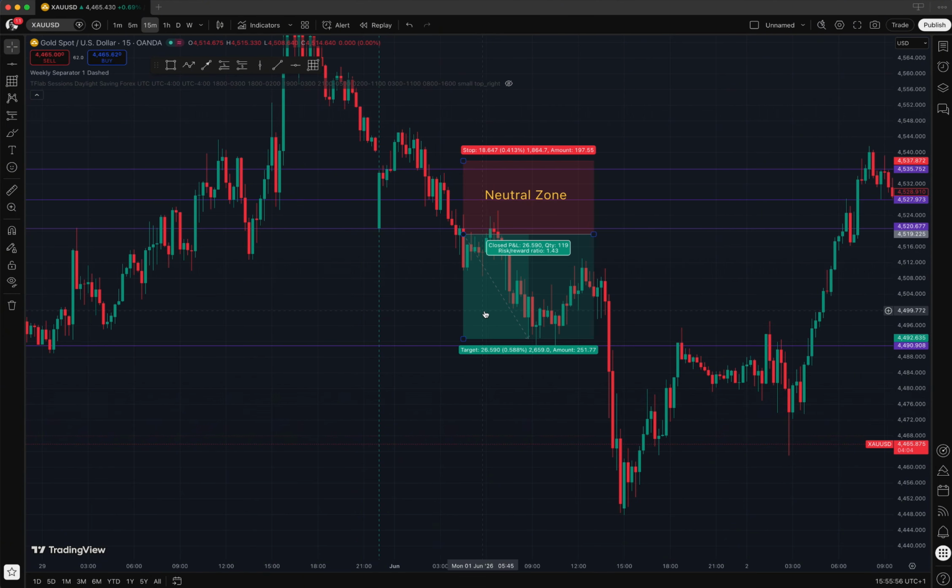Now even if I still trade at 0.01 lots, I still made more money. You see, 26. I lost 17 here with a stop. I'm gaining now 26, so it's more than $10. So I recovered my loss and I made a little more profit.